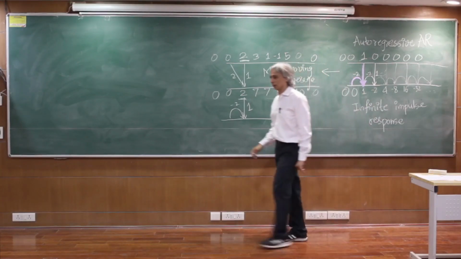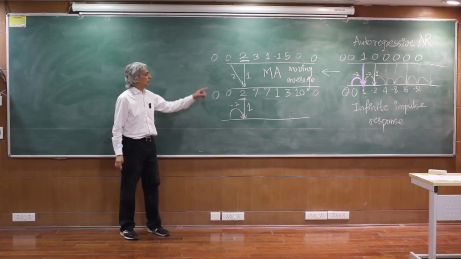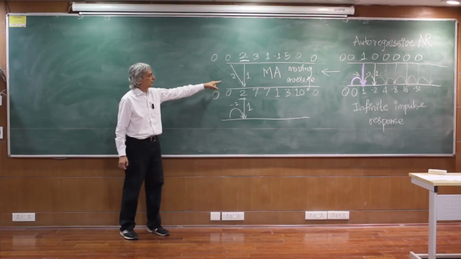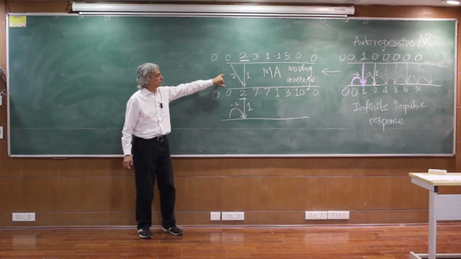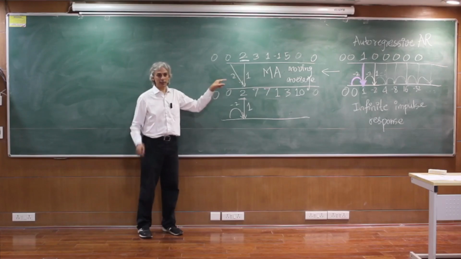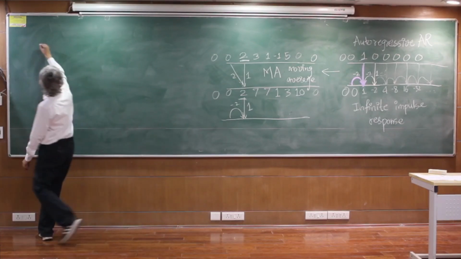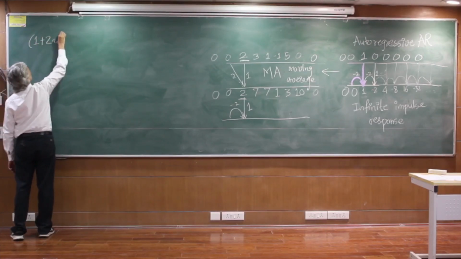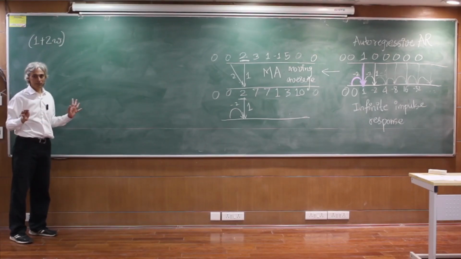Okay? Now, what did we learn? So this is 1, 2, right? The spread is 1 and 2. Let's write this like this: 1 plus 2W.